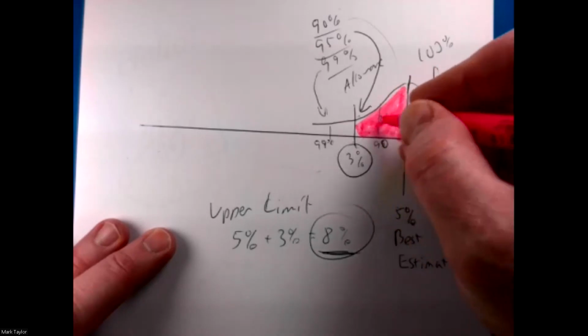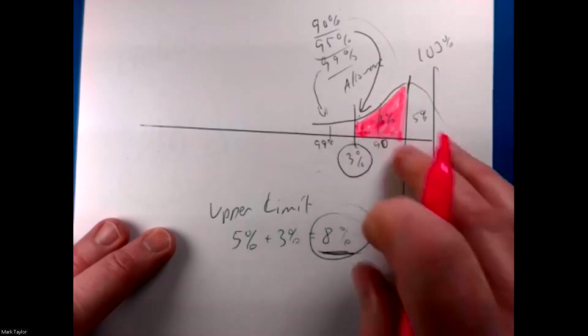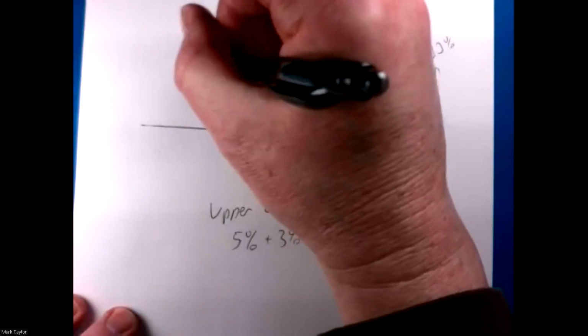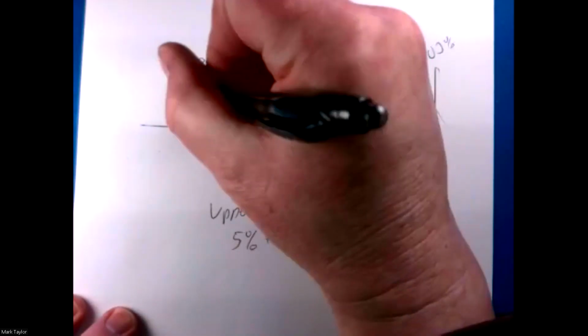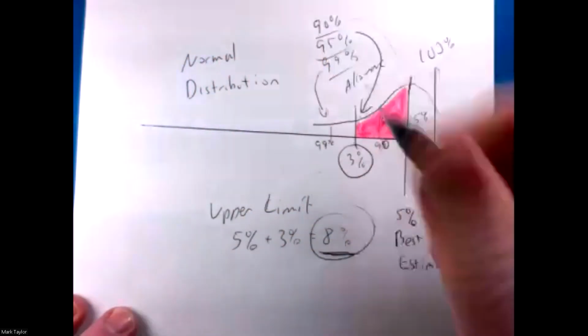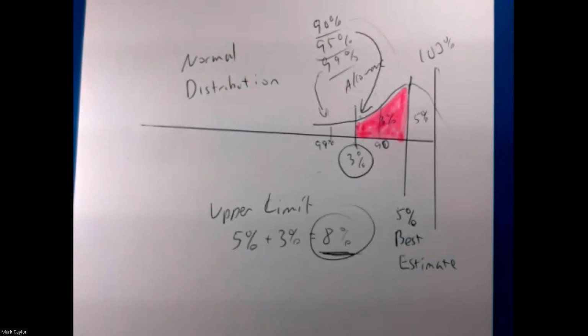They've never tested, I don't think, on how you come up with those on the CPA exam, but it's a normal distribution. Truthfully, you could also do it with a binomial distribution, but the normal distribution is the one that's most commonly used.